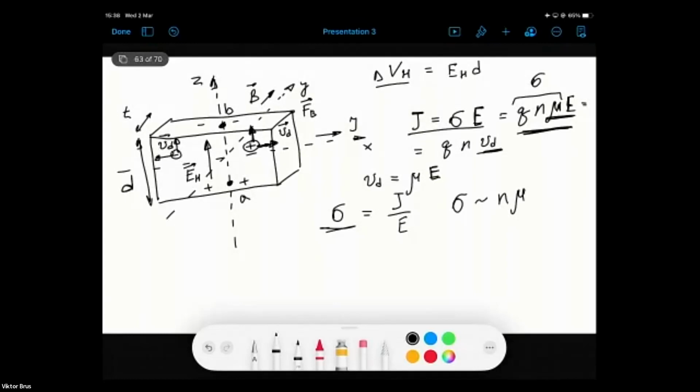So we don't consider Q because it's just a constant. So we know sigma, but with knowing sigma from this simple measurement of current density at certain electric field, we cannot distinguish between concentration of charge carriers and mobility because sigma is proportional to the product of these two parameters.